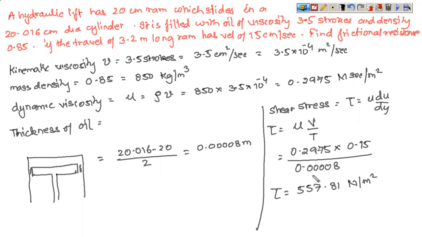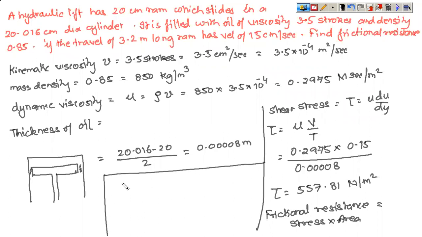Now frictional resistance is stress into area. ठीक है. तो what is the area? So frictional resistance is stress into area. तो स्ट्रेस कितना है आपका 557.81. एरिया कितना है दिस इज पाई डी एल. इसका एरिया कितना होगा पाई डी एल. पाई इंटू डी इज सर्कम्फरेंस मल्टीप्लाइड बाई लेंथ ऑफ ट्रेवल.